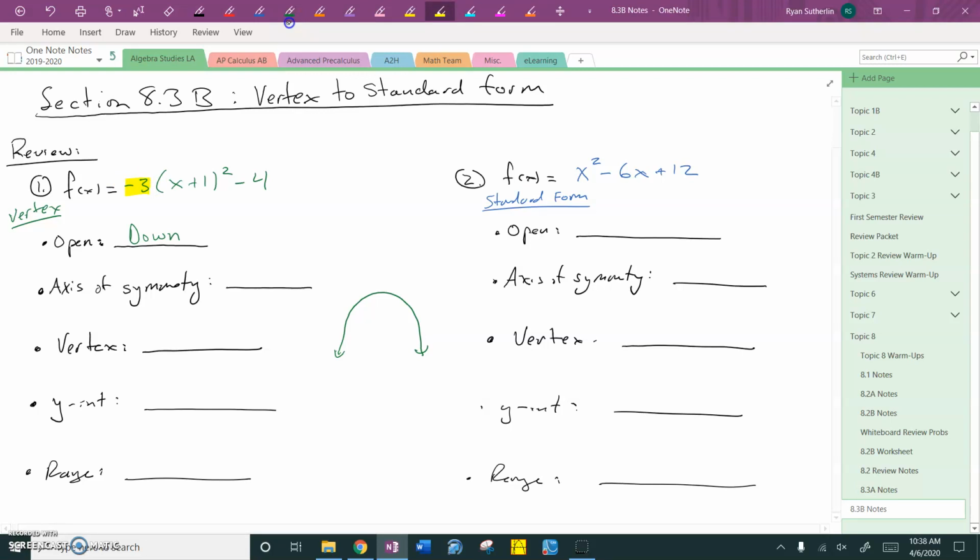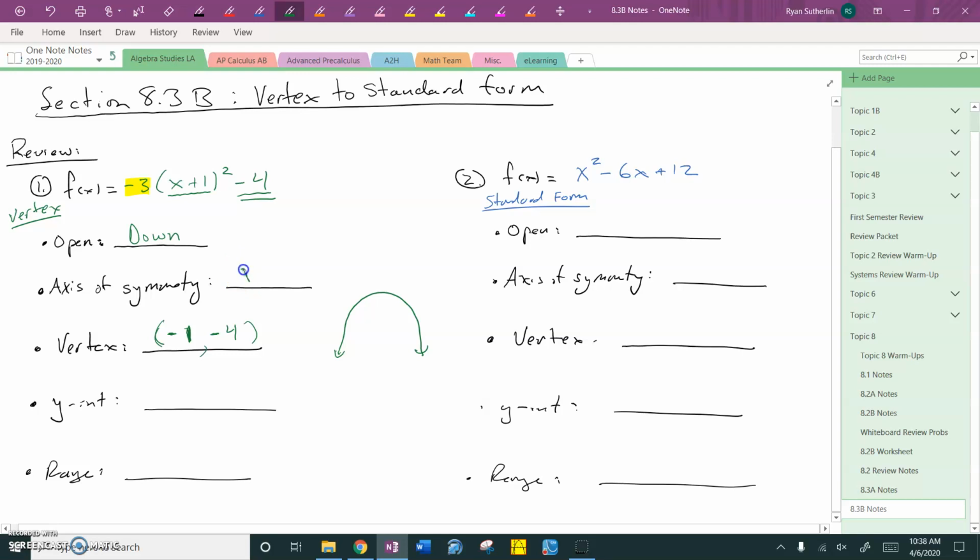The vertex of the parabola: when it's in vertex form, the vertex is easy to find. All we do is look at what's in parentheses and do the opposite. So since it's x + 1, -1 is the x-coordinate of the vertex. And for the y-coordinate of the vertex, you take -4, exactly what you see at the end of that equation.